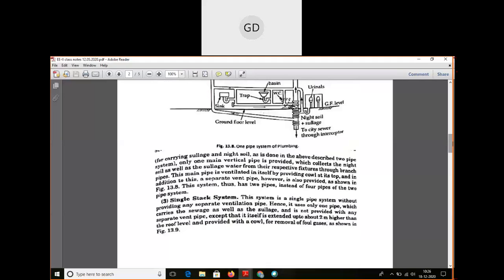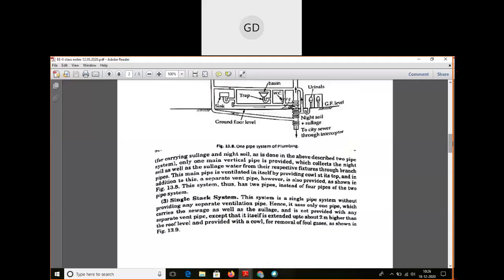As the name suggests, there will be only one main vertical pipe, and that will collect the night soil as well as the sullage water from the respective fixtures through branch pipes.